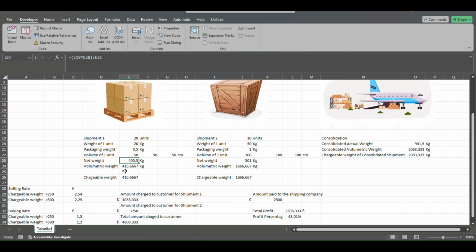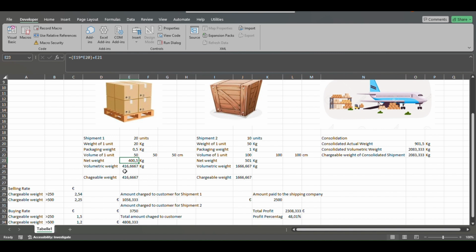So we have to consider the volume also while calculating the price for transporting the goods, right? Volumetric weight is nothing but the total volume of the commodity in cubic centimeter divided by 6,000. So this gives us the volumetric weight.